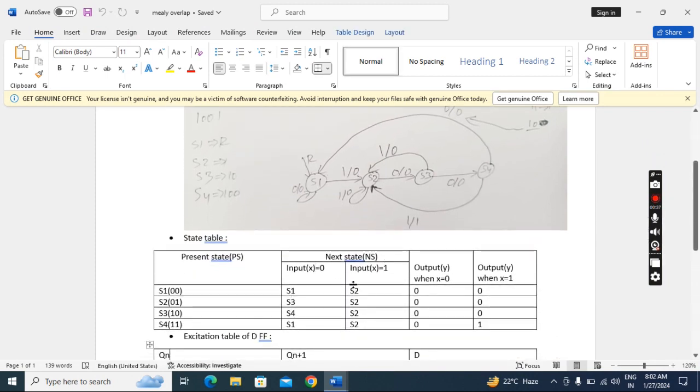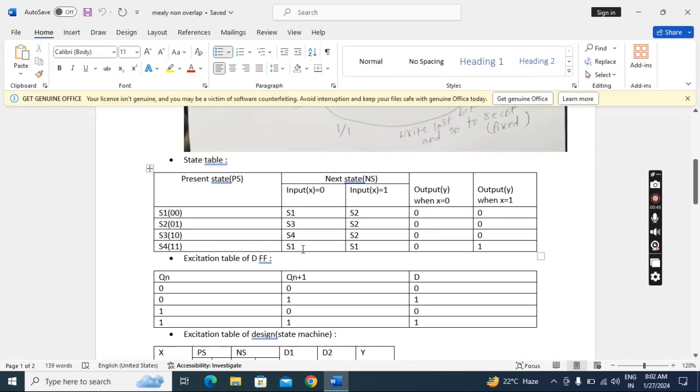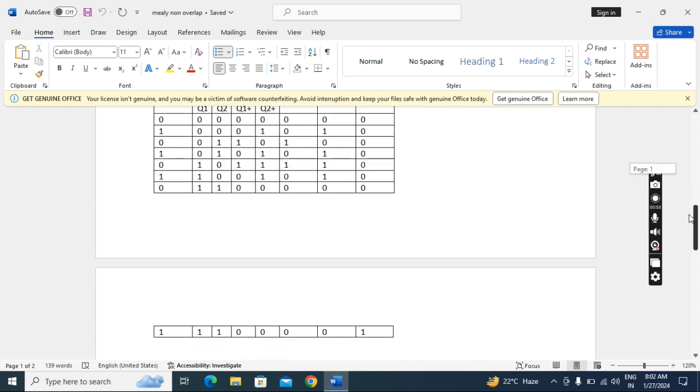But what is the last one? 1, 2. We'll see that. So the last one is not 1, 2 here, it is 1, 1 here. So this is the only change. So accordingly, we have to write. Okay, that's it. No other difference. And we'll write the output as we get it per the state diagram. Okay. So excitation tables are completed for all state machines.